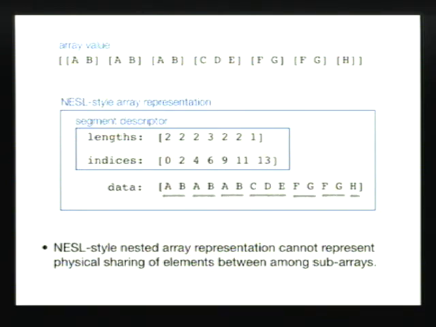So if I have this array value, which was created by replicating an array which just had AB in it, and now I've got 3 copies of it, in the Nestle representation with its segment descriptor and data vector, the only way I can represent the logical value of this array is by physically copying all of the elements. This is the killer.